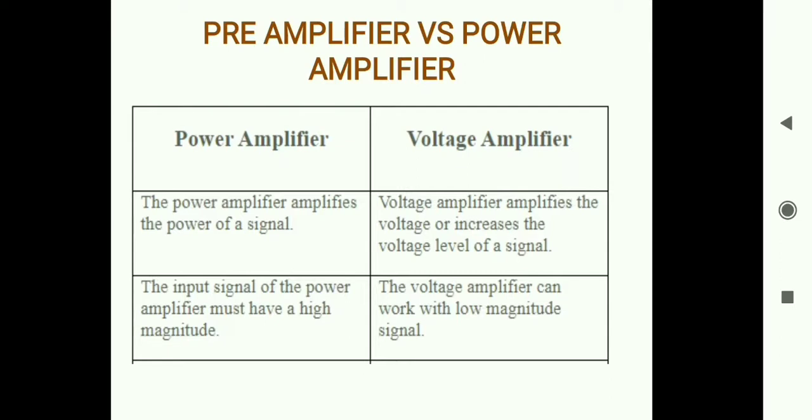The second difference is that the input signal of a power amplifier must have a large magnitude, as we already discussed, and in voltage amplifier, that means in preamplifier, the magnitude can be low. The voltage amplifier mainly amplifies the weak, small signal into a large signal.